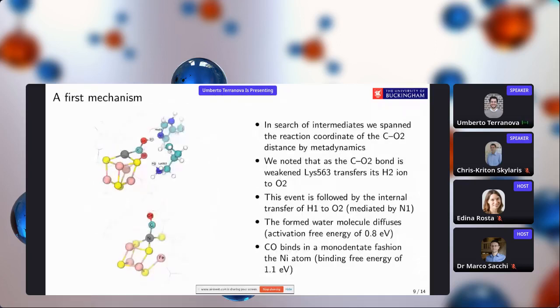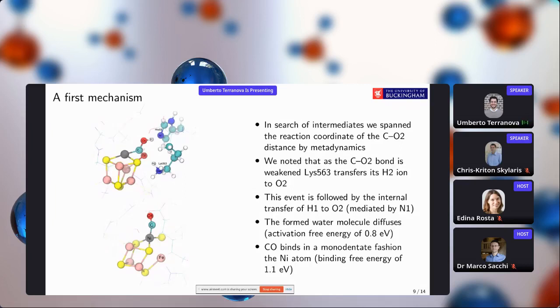So in search of intermediates, we spanned the reaction coordinate of the CO2 distance, the distance between carbon and O2.